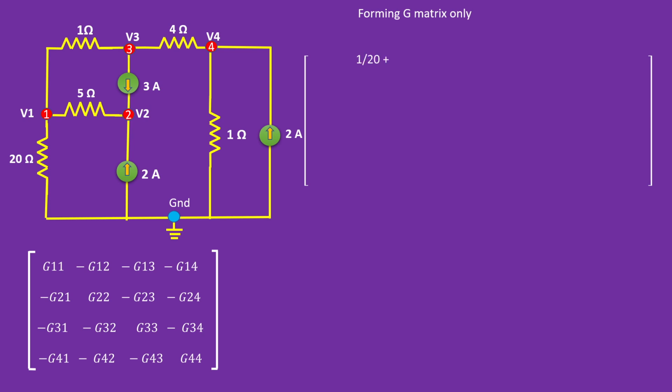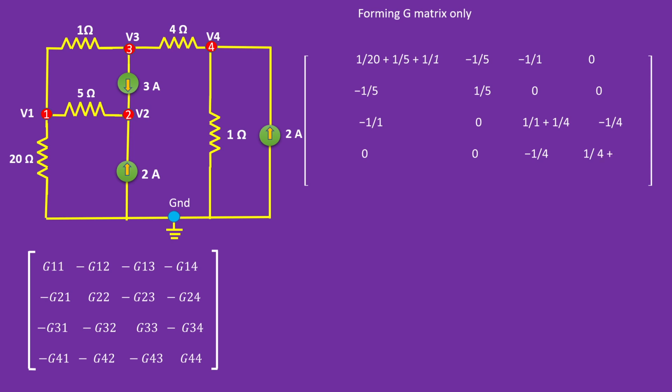That is, G11 is 1/20 plus 1/5 plus 1/1, and G12 is minus 1/5, and G13 is minus 1/1, and G14 is 0, and G21 is minus 1/5, and G22 is 1/5, and G23 is 0, and G24 is 0, and G31 is minus 1/1, and G32 is 0, and G33 is 1/1 plus 1/4, and G34 is minus 1/4, and G41 is 0, G42 is 0, and G43 is minus 1/4, and G44 is 1/4 plus 1.